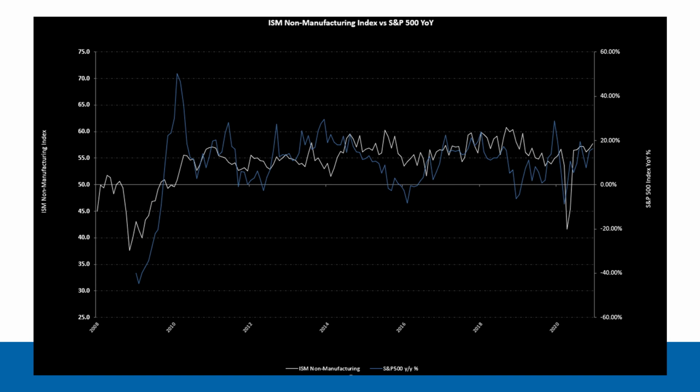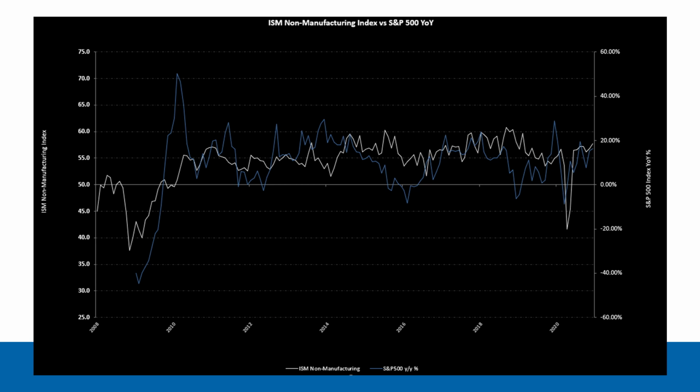And certainly when we get the peak level at 60 for the NMI, that's where we see the positive percentage performance of the S&P 500 peak around 20%. That level generally is associated with the NMI being around 60 and an annual stock market performance of the S&P 500 of about 20%.